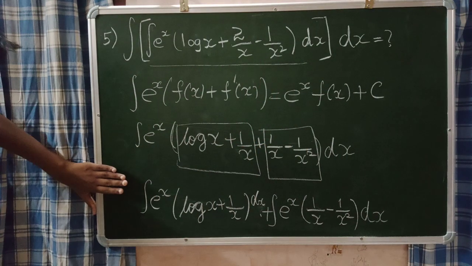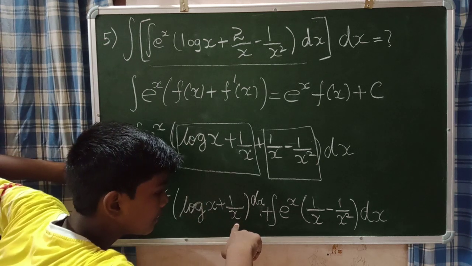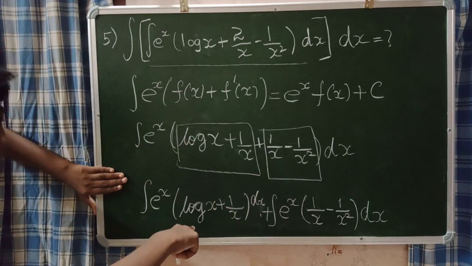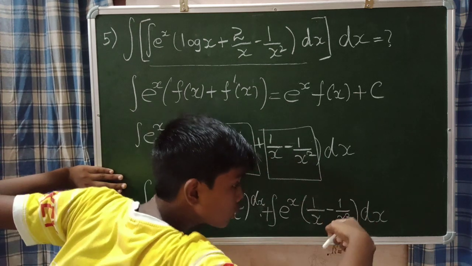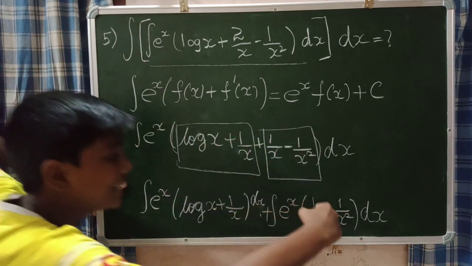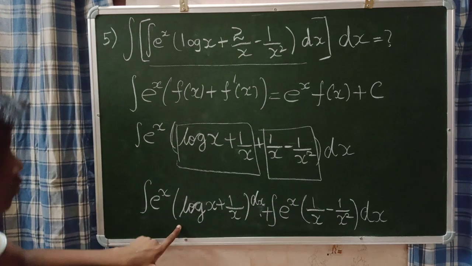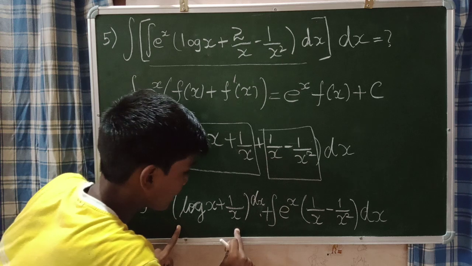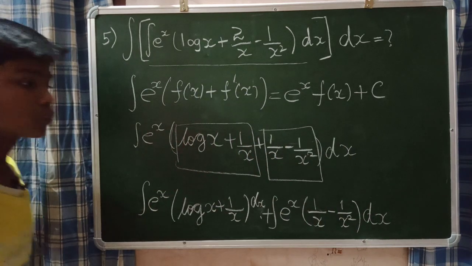By using that formula, you can see that this 1 by x is the derivative of log of x, and this minus 1 by x square is the derivative of 1 by x. That means d by dx of log x gives us 1 by x and d by dx of 1 by x gives us minus 1 by x square.